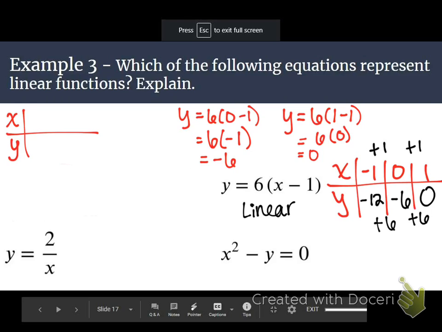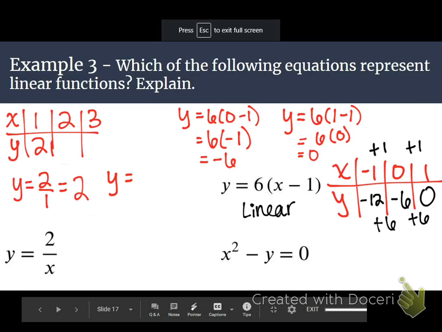So let's plug in 1, and I'm having a bit of a harder time deciding what to plug in on this one. We can try 1, 2, and 3. It'll just be a little tricky. Okay, so if we plug in a 1, we have 2 over 1, which equals 2. Not so bad.